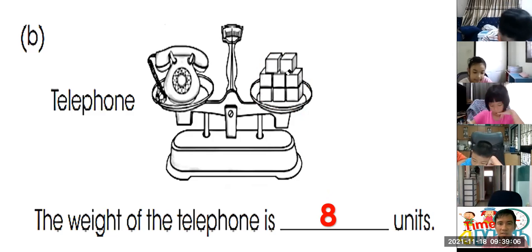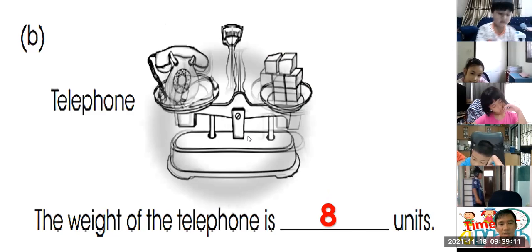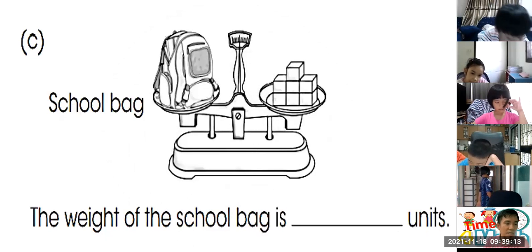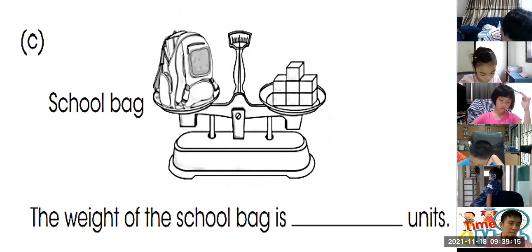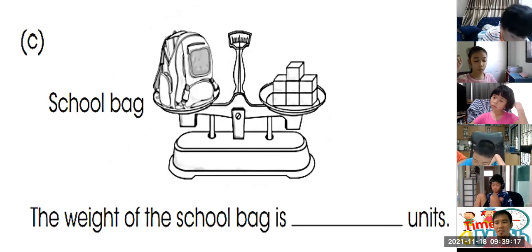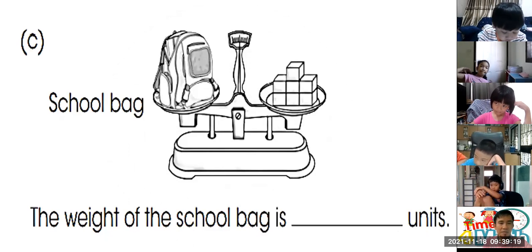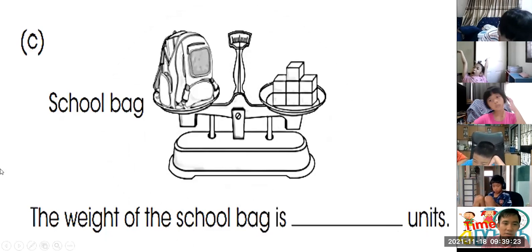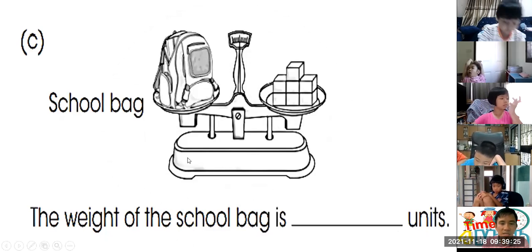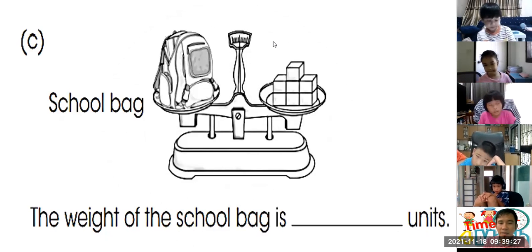Next, letter C. Letter C is on page 94. Please turn your book to page 94. Now here, the weight of the school bag. How many units is the school bag?